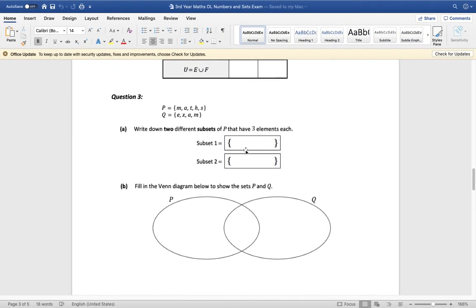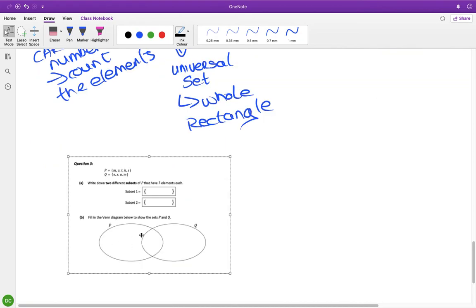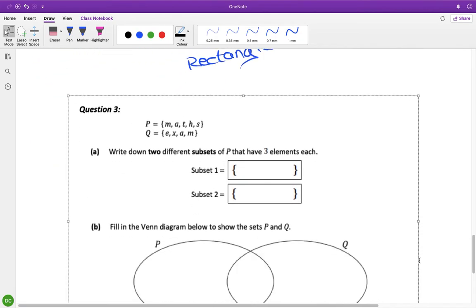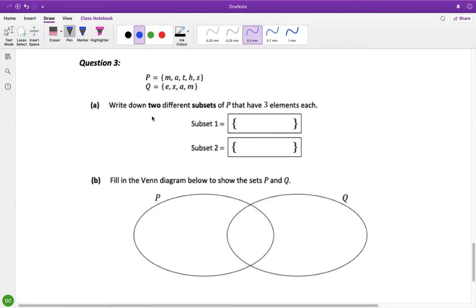Okay, question 3. We have maths and exam. M, A, T, H and S are the elements in P, and E, X, A and M are the elements in Q. Write down two different subsets of P that have three elements.